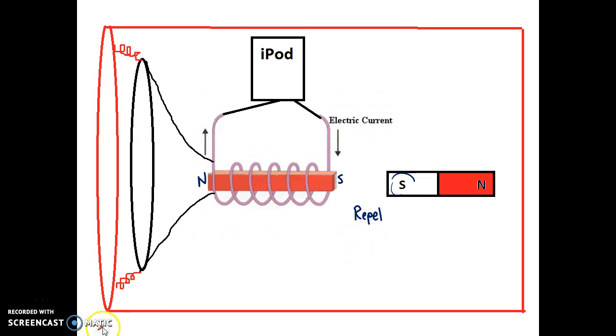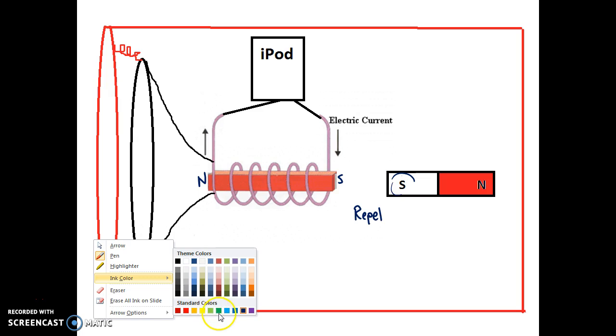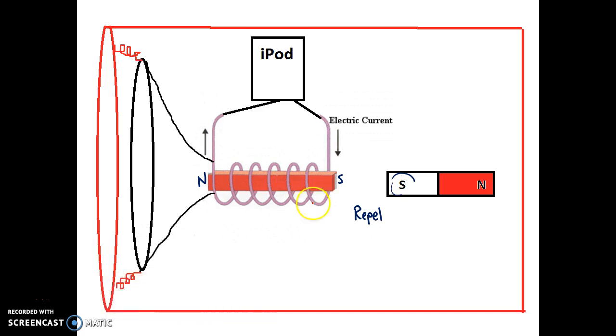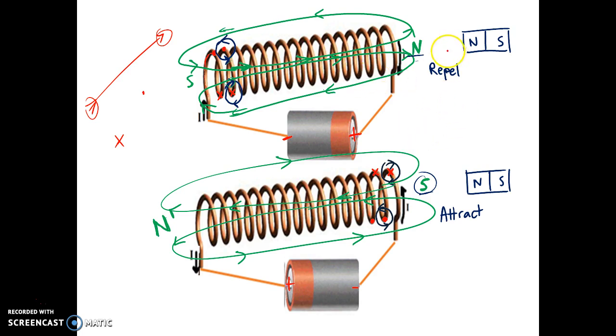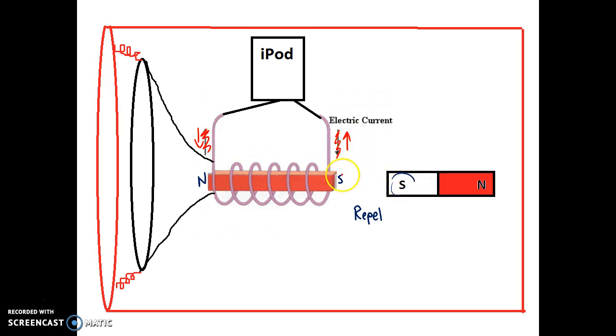Then all of a sudden, your speaker changes the direction of the current. So now instead of the current moving down here, it moves up. As soon as you change the direction of the current, this changes the direction of the magnetic field. So the magnetic field goes from a south to now a north.